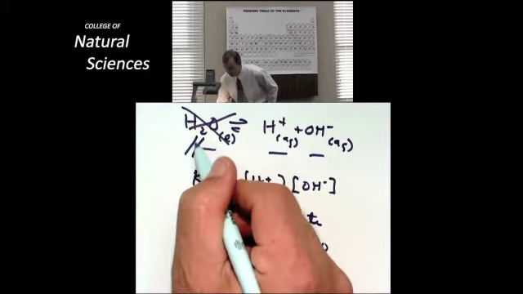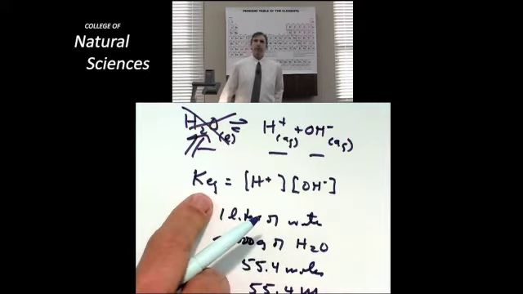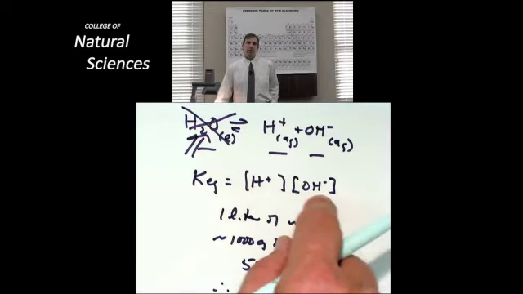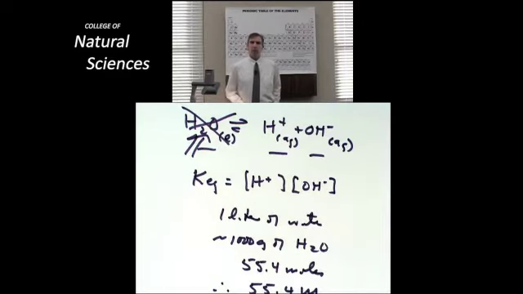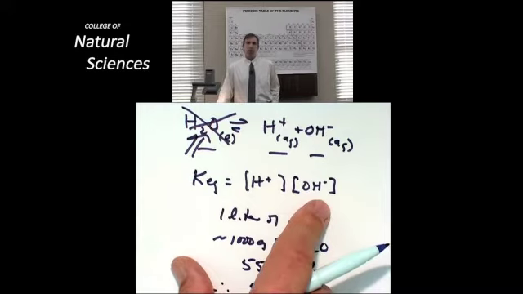In other words, that value right there is 55.4 molar. Well, if it's 55.4 molar, then that's a constant. And if it's a constant, then I can roll it into the equilibrium expression here, so that the only two values that are changing are these values here for the amounts of protons and hydroxides dissolved in solution.